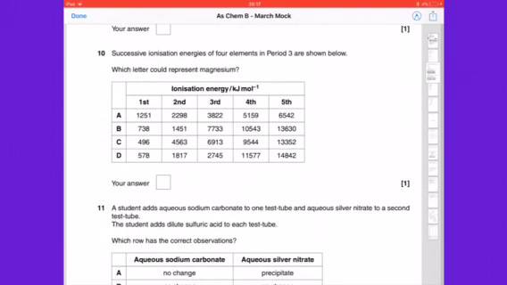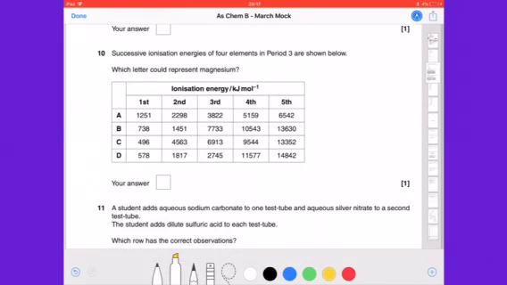And question 10 here. In any question like this where you are comparing successive ionization energies, what you're effectively looking for is the biggest jump to be between the group number of the element in question, in this case magnesium. Magnesium is in group 2, and the next number up, which would be 3.